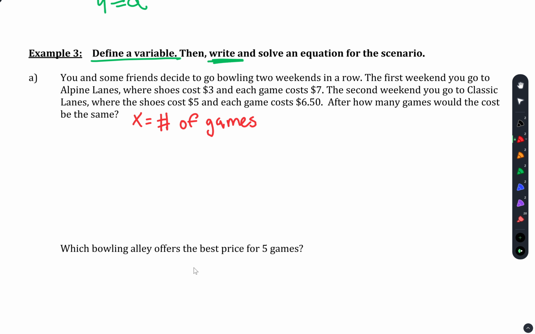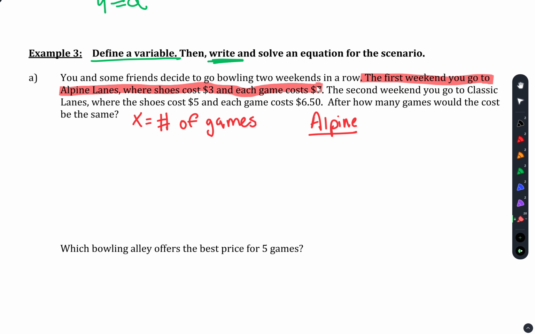Then, two things are happening. We're going to Alpine Lanes one weekend. We're going to Classic Lanes the other weekend. So I'm going to have two different parts of my equation. Let's start with Alpine. I need to set up an equation that tells me how much it's going to cost for me to go bowl at Alpine. I'm going to highlight: the first weekend you go to Alpine, where shoes cost $3 and each game costs $7.